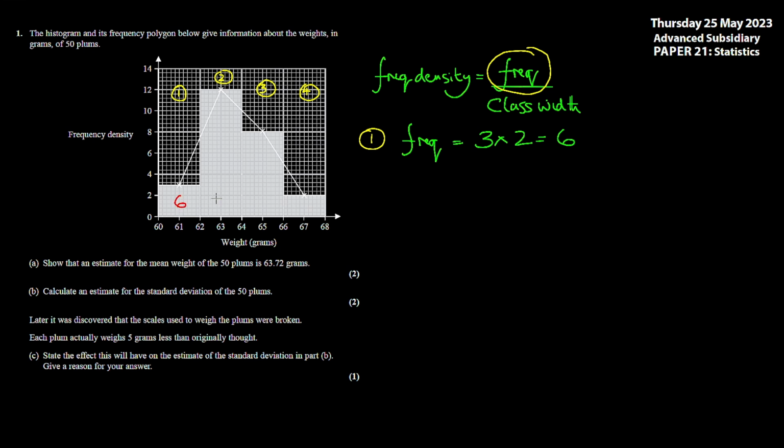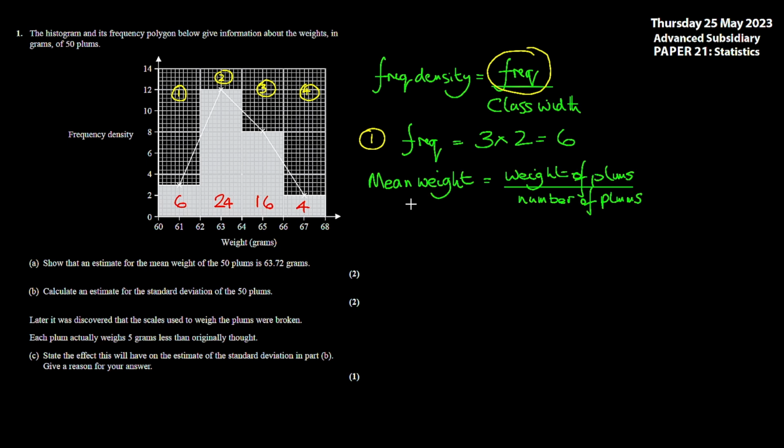And if you work out the other frequencies, 24 are in this group, 16 are in this group, and 4 are in this group. And these will add up to our total of 50 plums. So the mean weight of all of our plums is the weight of all of the plums divided by the number of plums. It's the average weight.